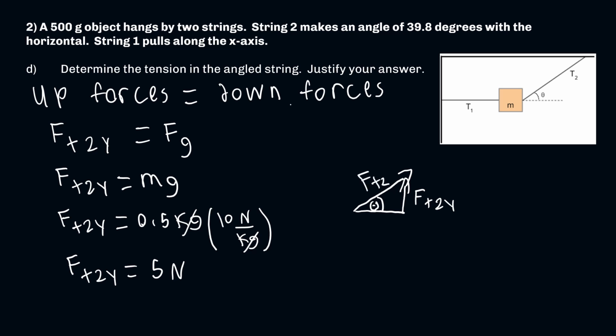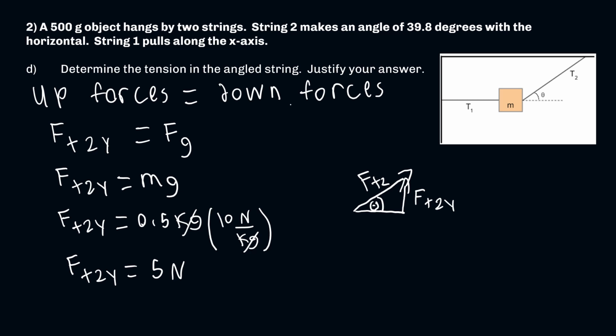Okay? So if Ft2y is 5 newtons, and I have an angle here of 39.8 degrees, and I have the opposite of that angle, what trig function is that going to be? It's going to be sine. The opposite of an angle is sine based on SOHCAHTOA. So I have here sine theta.